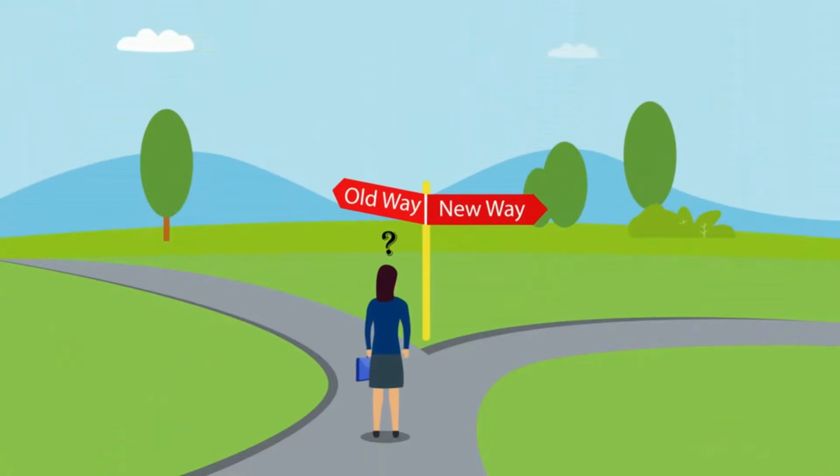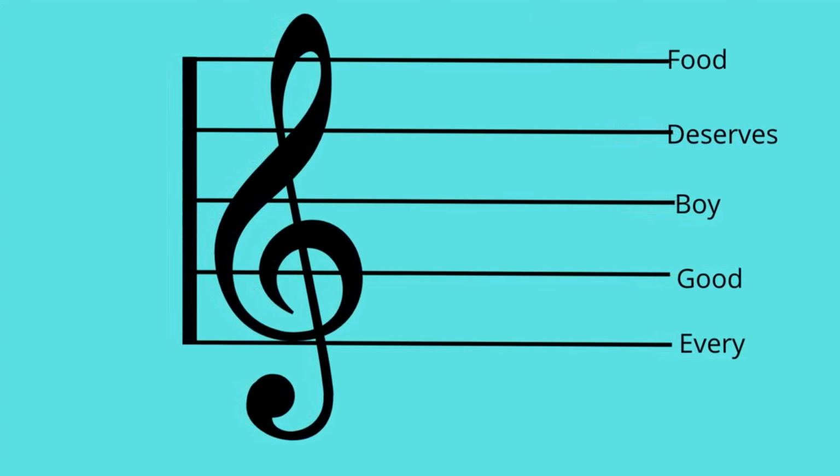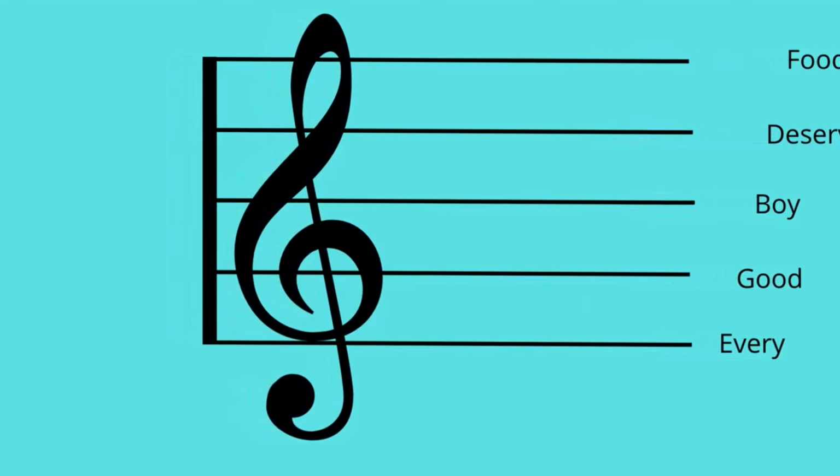Most music students learn how to read music in this exact same way. They memorize the Every Good Boy Deserves Good sort of sequence, and then they struggle until they have memorized the position of the notes on the staff.